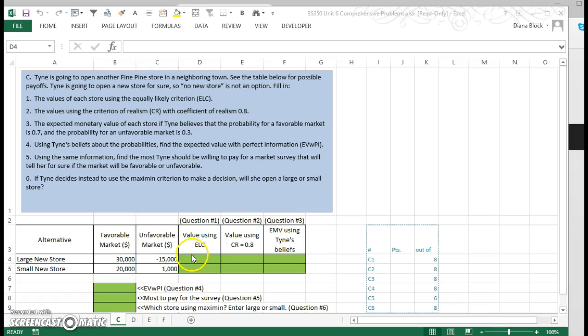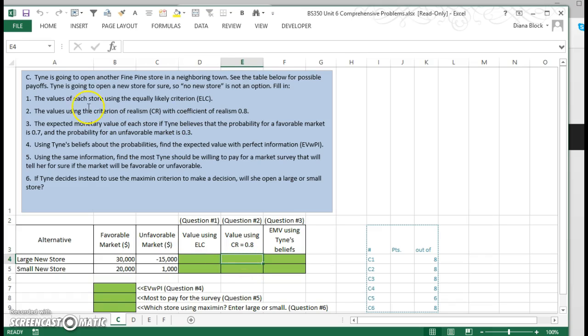So we're going to calculate the equally likely values, and if you will refer back to Chapter 3, you'll recall that basically we're going to take an average of these two numbers, and the answer goes there, and the average of these, and whichever one has the highest average is going to be the one we would choose if we were using that. But here we're just going to calculate what the value is using ELC.